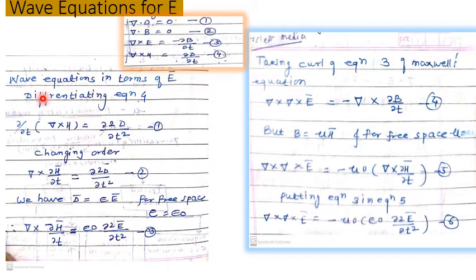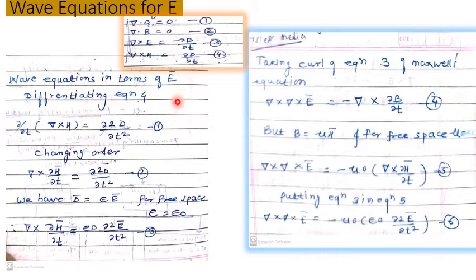So start with the wave equation in terms of E bar, differentiating equation 4. What is equation 4? Del cross H is equal to dD by dt, as Jc is equal to 0. So differentiate, that is d by dt of del cross H equals d2D by dt square. That is double differentiation.